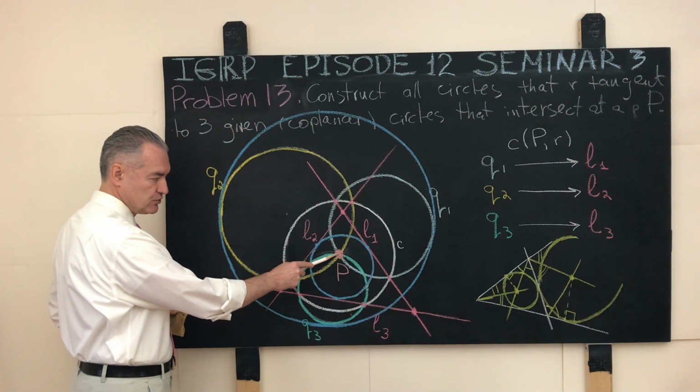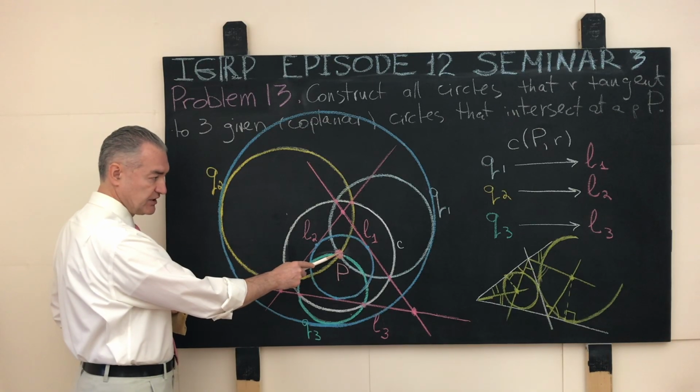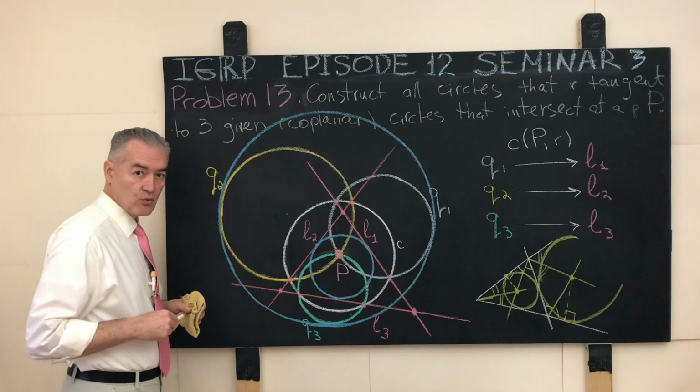If we choose the point P over which three given fixed coplanar circles intersect, then what will happen?